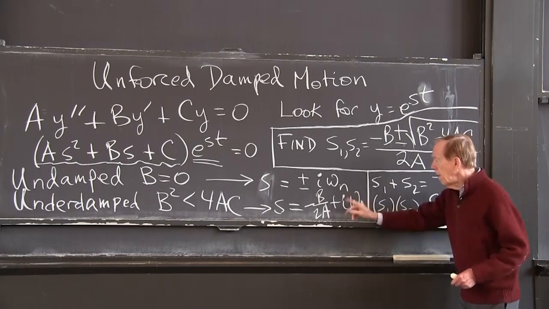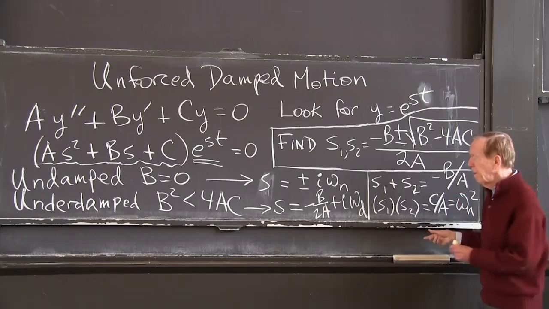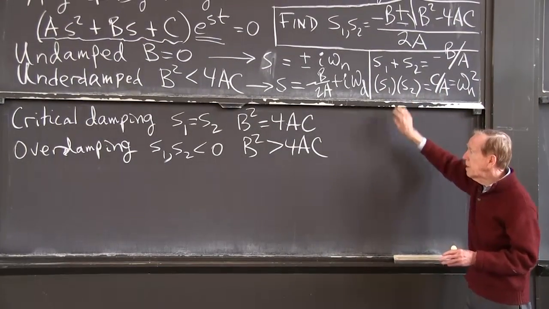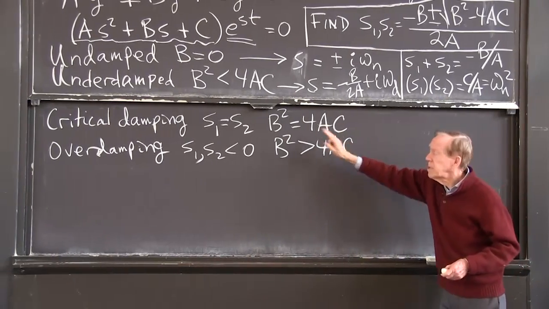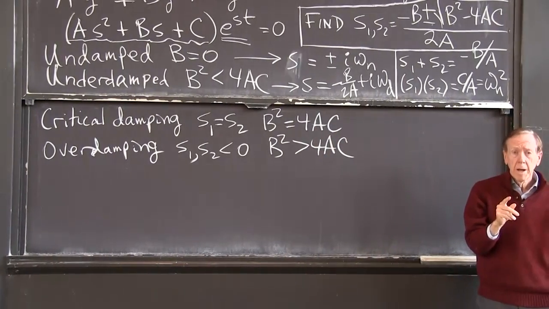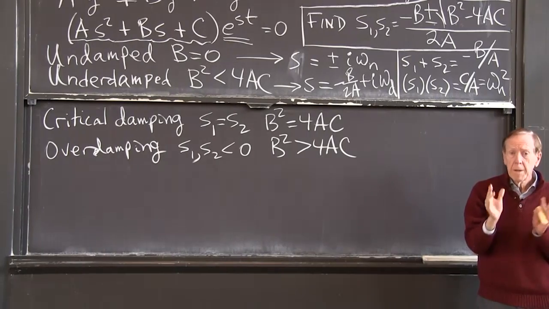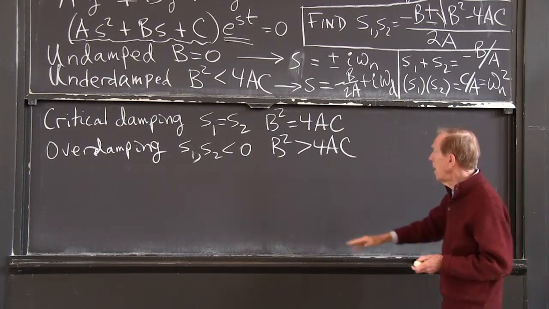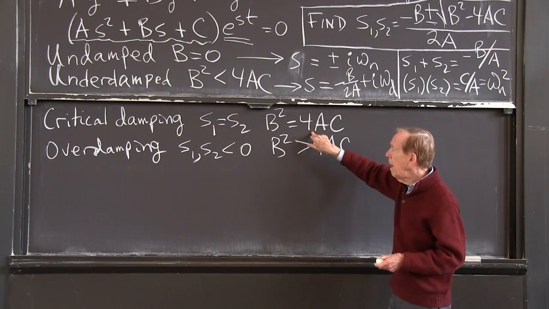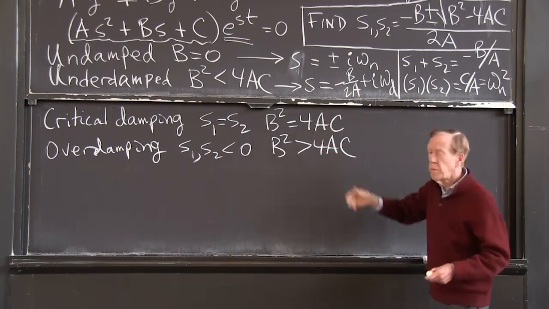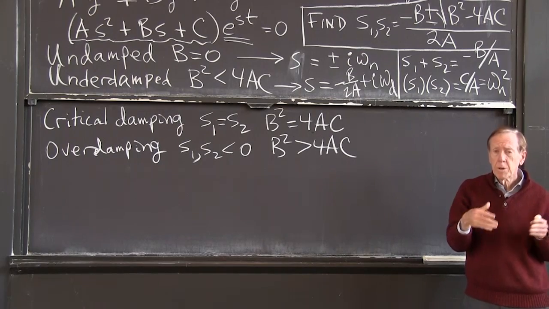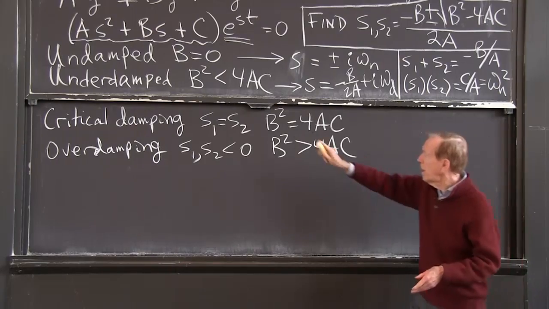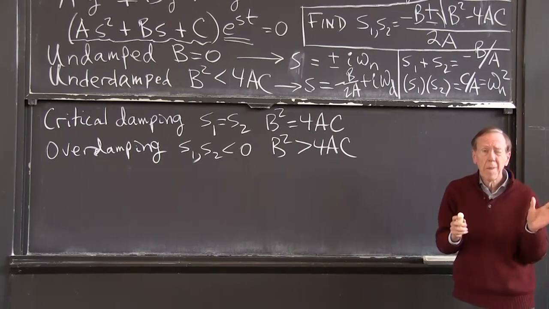Okay, now we've got two more possibilities here, and these are just fun to get straight. There's the next one, when b squared is exactly 4ac. B squared over 4ac, that's going to be the critical ratio here. And here that ratio is 1, and in that case, that square root is nothing. The square root of b squared minus 4ac is 0. So we get S1 and S2 equal.